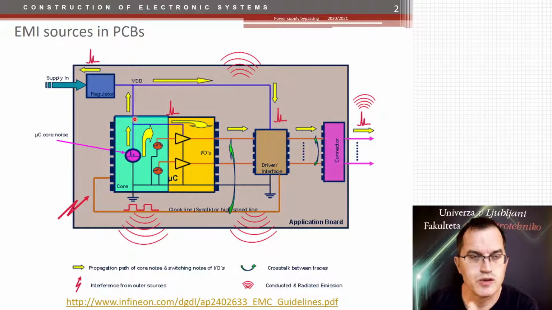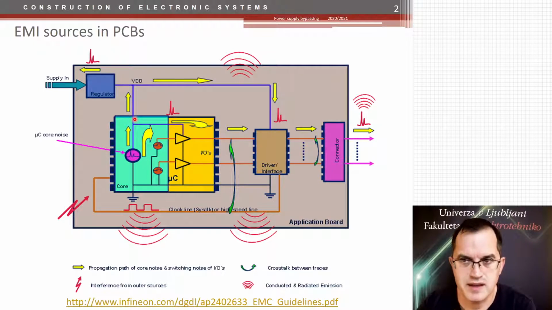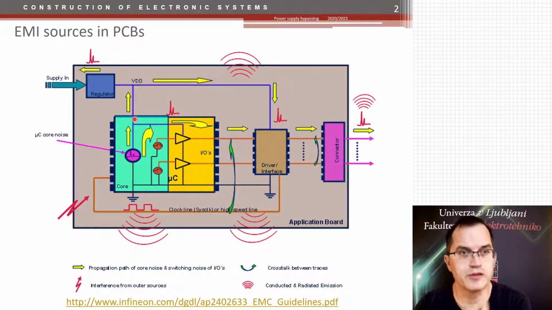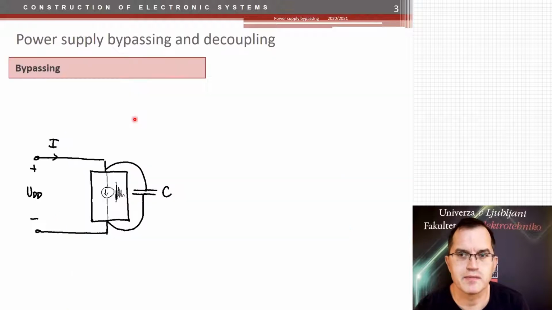you can use two techniques: bypassing and decoupling. What is the difference? Today, in this lecture, we will talk mostly about bypassing. Bypassing means that you add a bypass capacitor, and this bypass capacitor supplies the current that is taken from the power supply by this noisy integrated circuit.